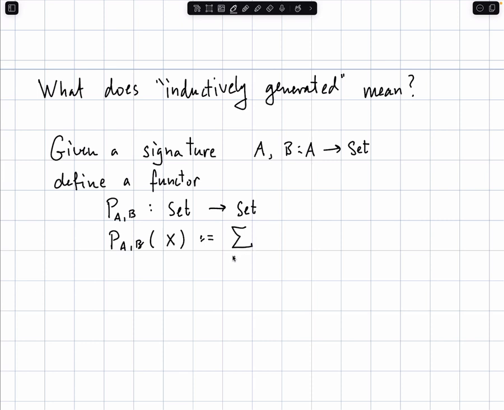The sum ranging over a in A, of X to the power of B of a. So a typical element looks like this. It's a pair of a little a and a function f, and this function f goes from B of a to X. There is nothing recursive about this. It's just a single step. Okay?